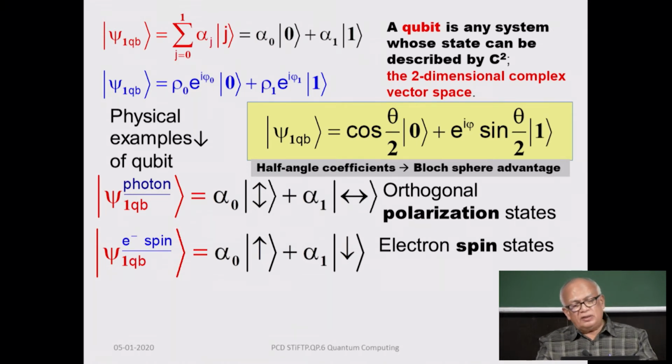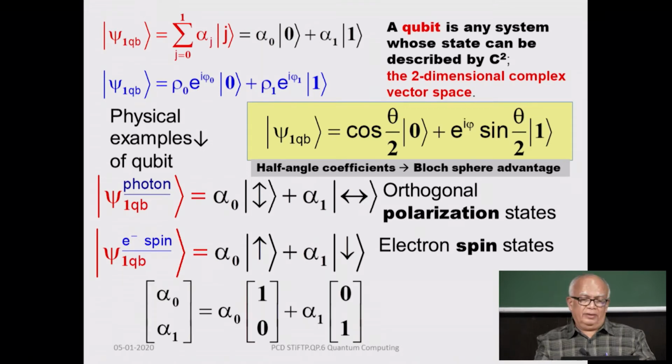You can use any quantum system which has half integer angular momentum as a qubit. It can be an atom. It could be a defect in a solid. If it happens to have an angular momentum of half, then you can use it as a qubit.